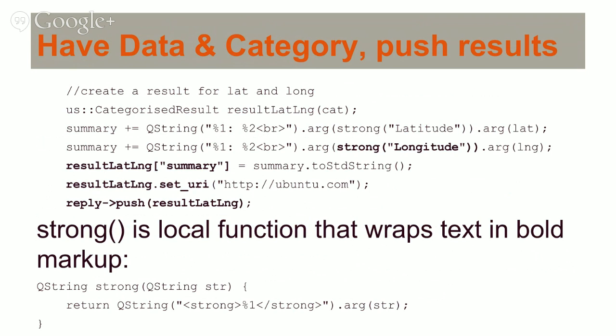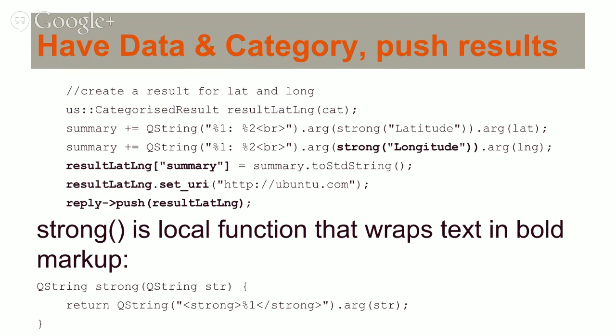So summary is the string that I use throughout all of this. I just put in some results. The first one is the latitude, and that first line there basically puts in the word latitude, a colon, and then it puts in the actual latitude, LAT, which I previously got from the location object, and then a line break.